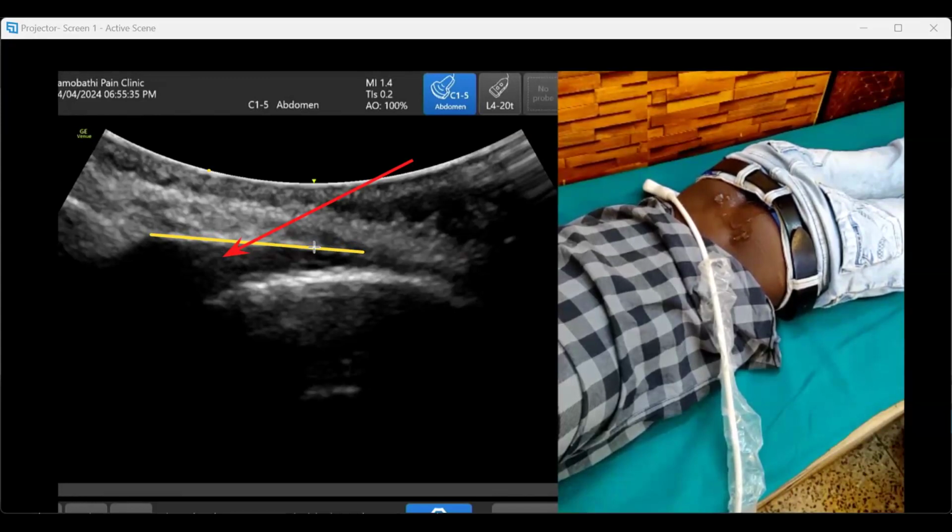So I'm showing you the same thing with the help of a longitudinal probe now, because this area is superficial, and here we can use both. We can use both the curvilinear and the linear probe. As the depth is low, so linear is good enough.